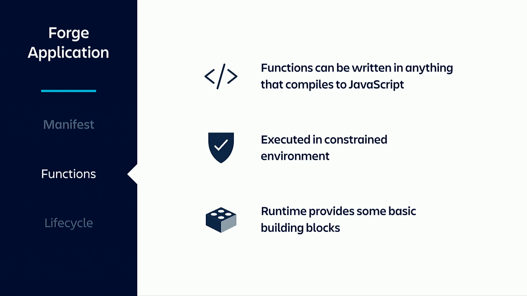Also, there is a constraint on how long your function can execute. Currently, it's 10 seconds, so if your function doesn't finish within 10 seconds, it will be terminated. The runtime itself also provides some basic building blocks that make it easier to work with the whole Atlassian ecosystem. For example, it automatically authenticates API calls to Atlassian.